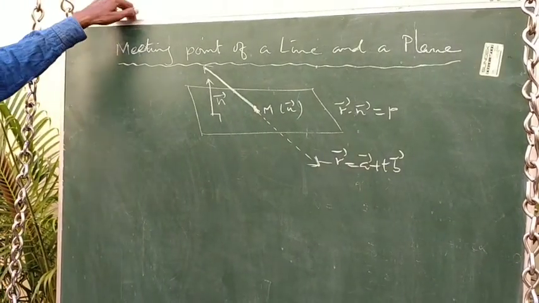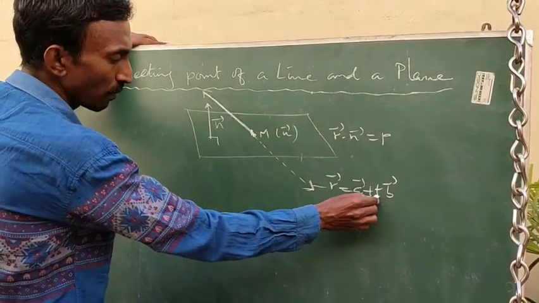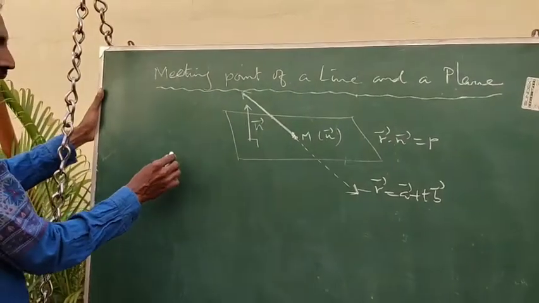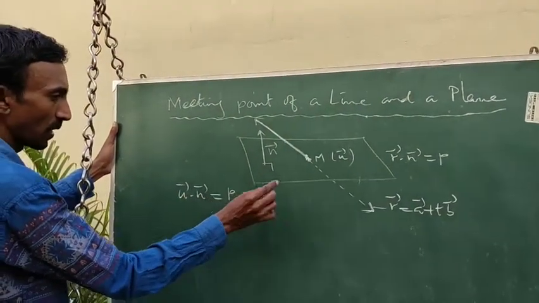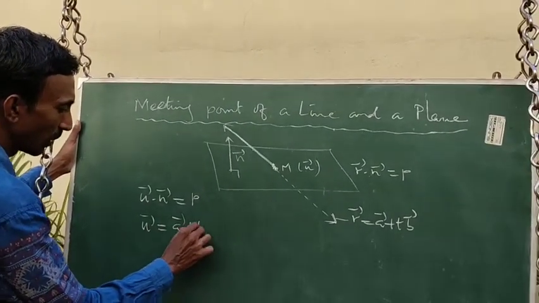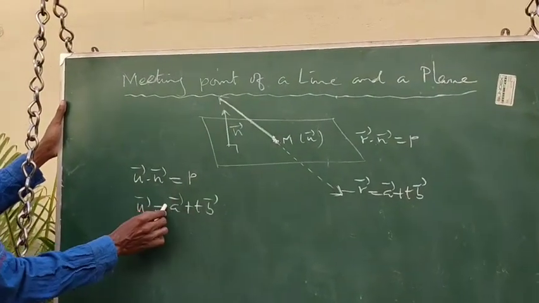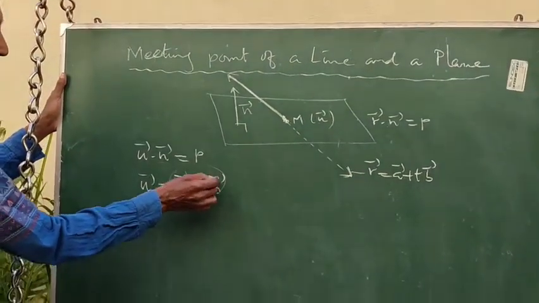It is a position vector, it meets the plane, which means for some t1 it satisfies both the equations. So assume that is some u. So u dot n equal to p, and obviously we are getting u vector equal to a vector plus t1 b vector for some t1. So instead of this u vector we can put a vector plus t1 b vector.